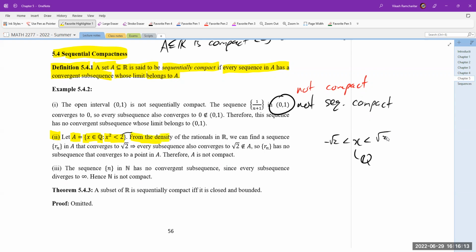Well, we know from the density of the rational numbers in R, remember that means you could always find a rational between any irrationals, we can find a sequence r_n in A that converges to square root 2. Okay, why is this so?